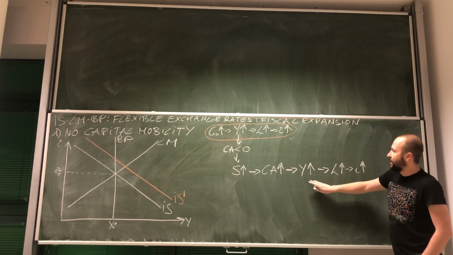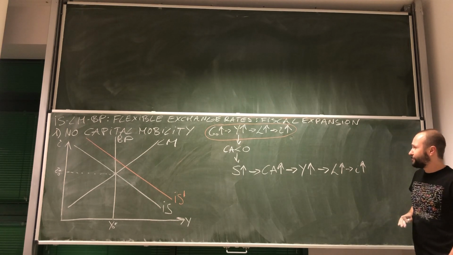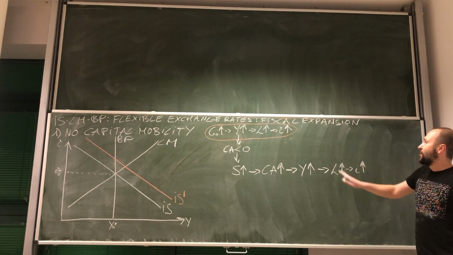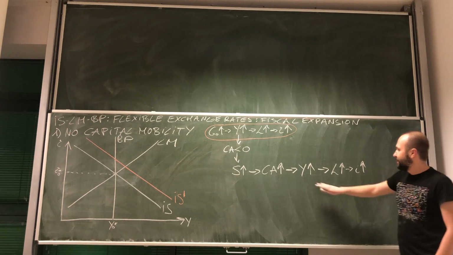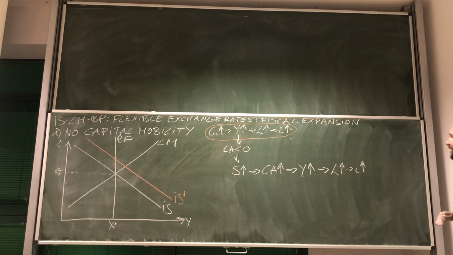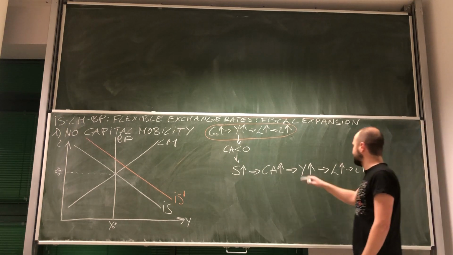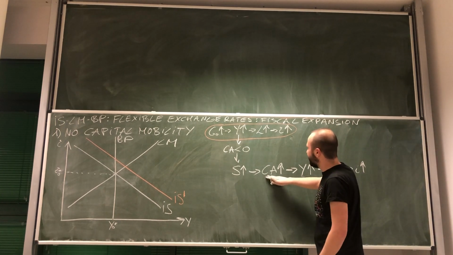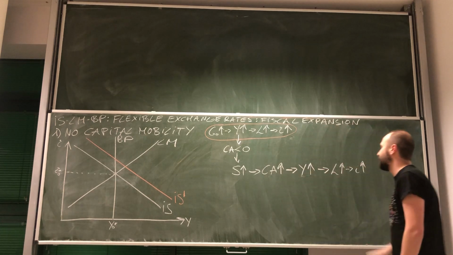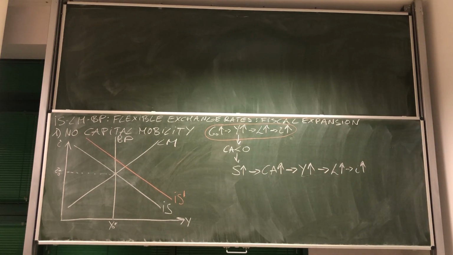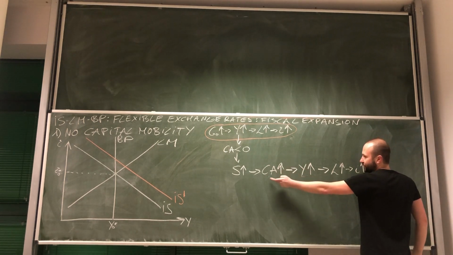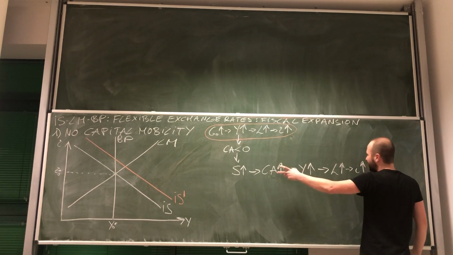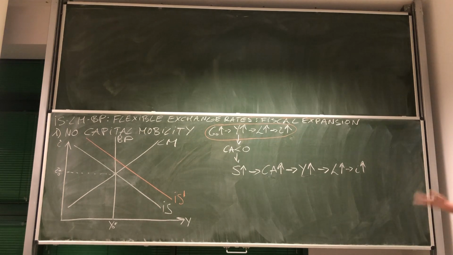But of course, with higher GDP, we will see that the current account is going to move in the opposite direction right here. So it's going to be closing at 0. Okay.